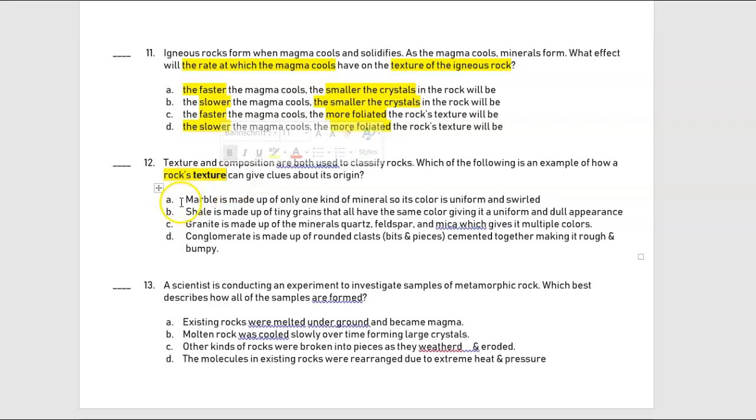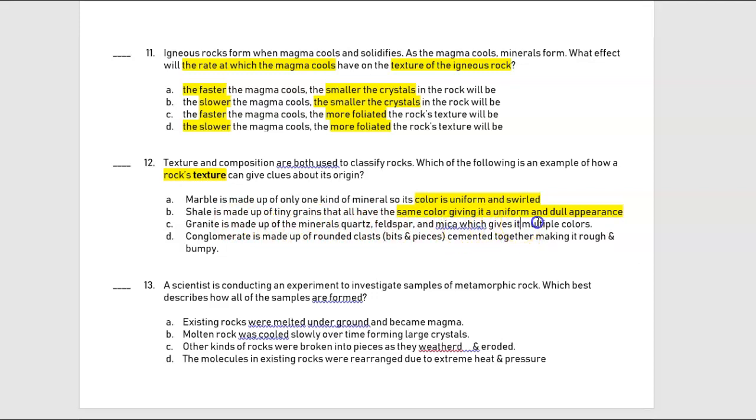Okay, A, marble is made up of only one kind of mineral, so its color is uniform and swirled. So we have color being uniform and swirled. B, shale is made up of tiny grains that all have the same color, giving it a uniform, dull appearance. So we have the same color, giving it a uniform, dull appearance here. C, granite is made up of the minerals quartz, feldspar, and mica, which give it multiple colors.